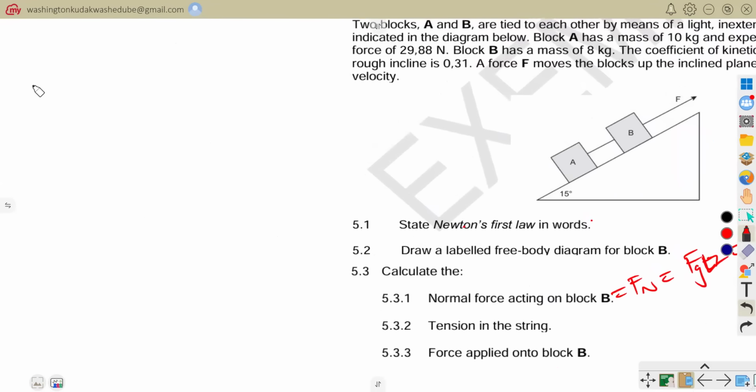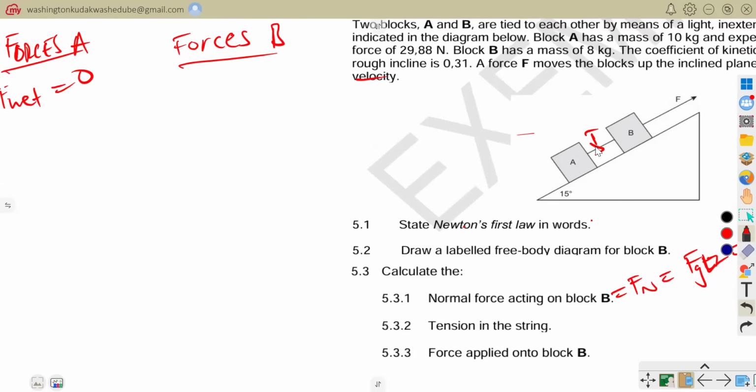So the net force that is acting on A, we have got this tension that is going that side. It is the one that is pulling this object up, and then because the object is going up, our frictional force will be going down, and we are told that the frictional force there is 29.8, and then we would be having the parallel weight component going down, which is Fg parallel like that.